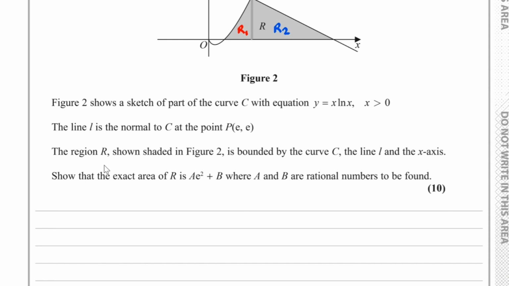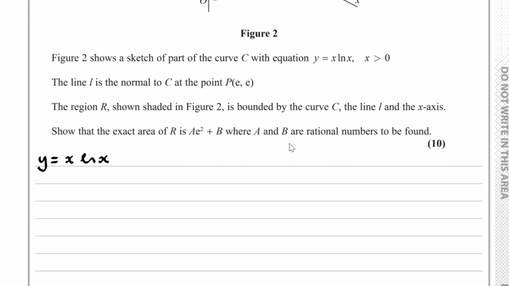We know that y is equal to x times the natural log of x. And if I differentiate this, to differentiate I need to use the product rule. u is equal to x, u dash is equal to 1, v is equal to the natural log of x, v dash is equal to 1 over x.